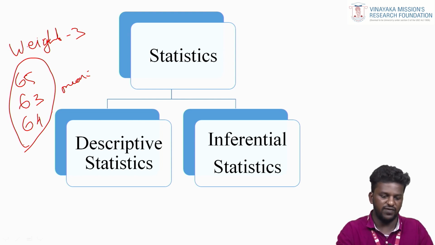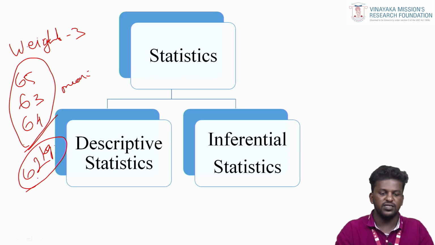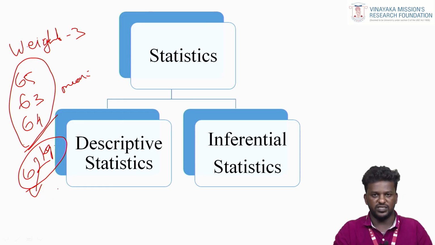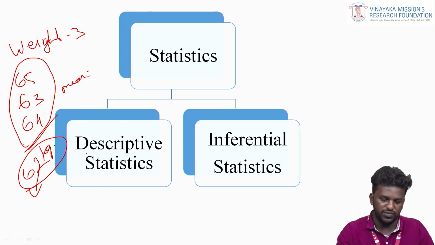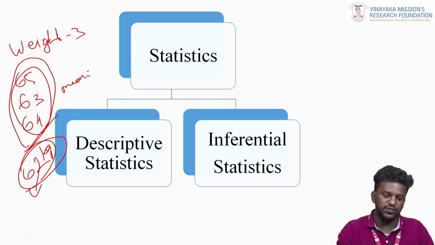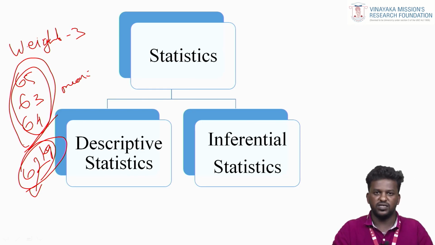Mean means average. Suppose the average weight of these students is 62 kg. This indicates that the average weight of the 3 students is 62 kg. So this is a summarized measure. Descriptive statistics is used to summarize a large data set by a single value, which may be the average or center value.